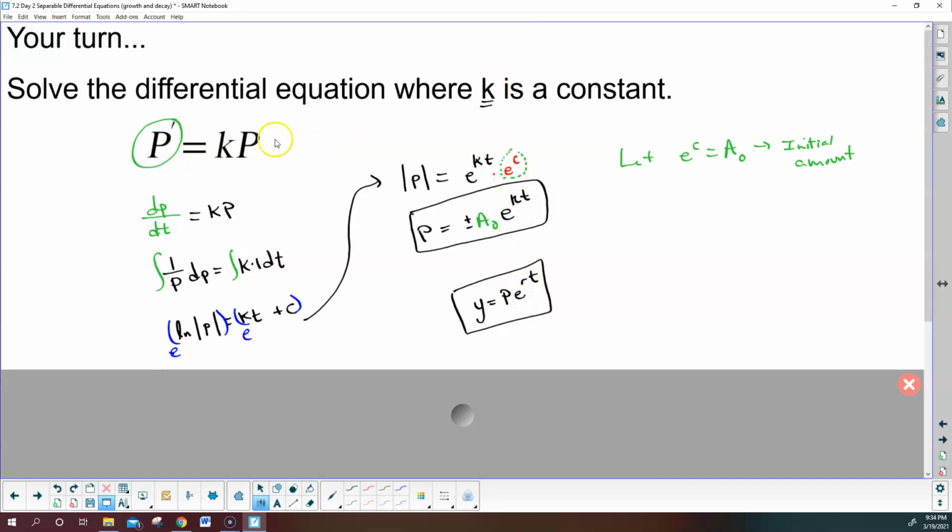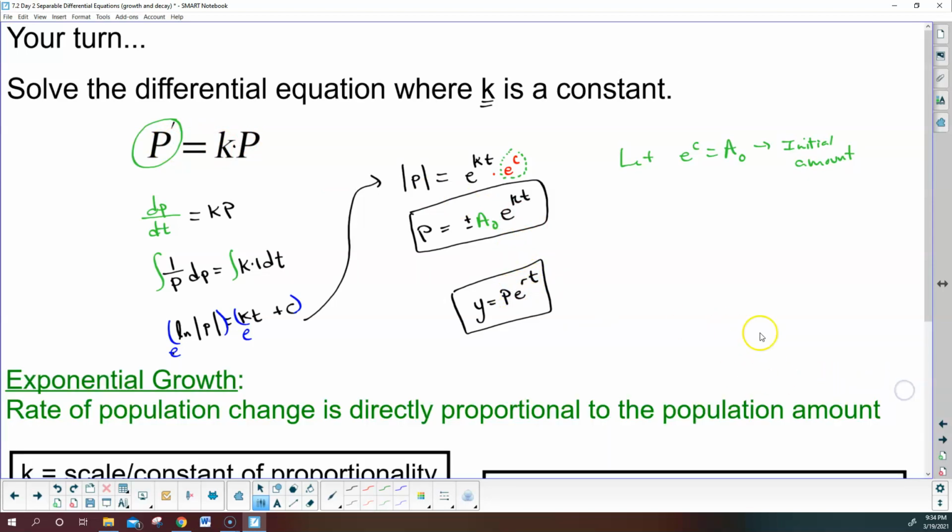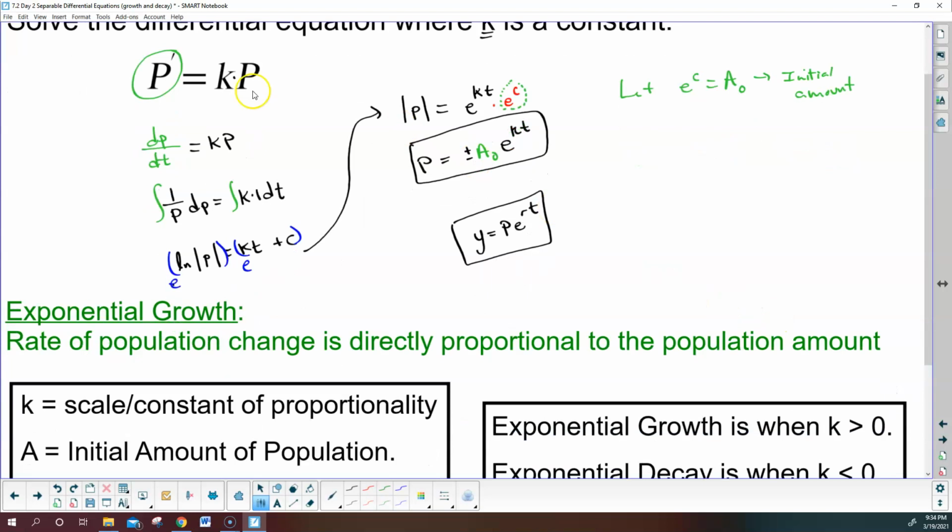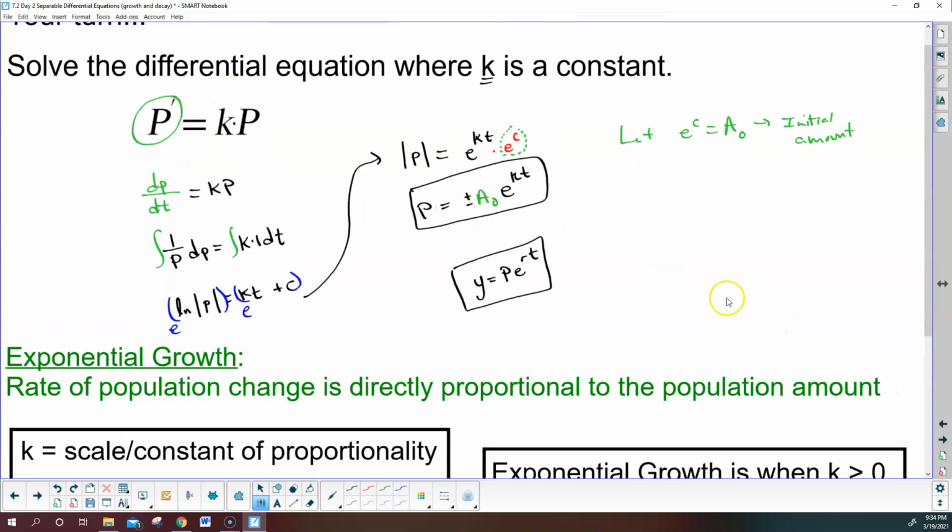Well, K is a constant that is proportional to the amount of substance total, and that's our rate. So what we've just kind of discovered in doing this problem is, you know what? This model right here can represent exponential growth and decay.